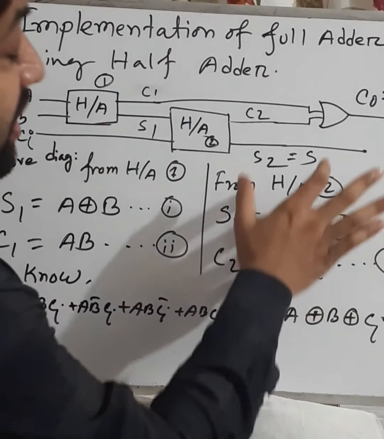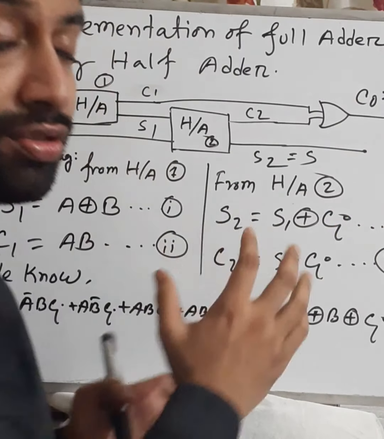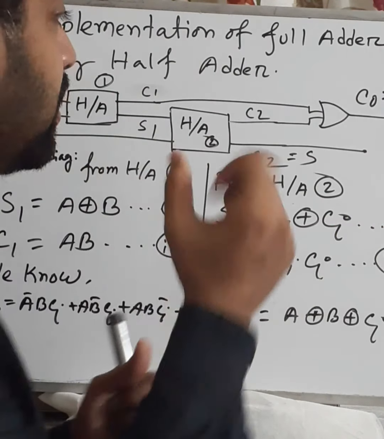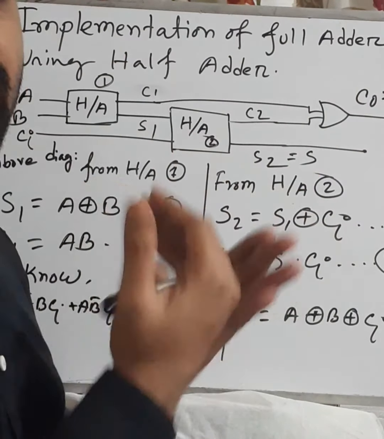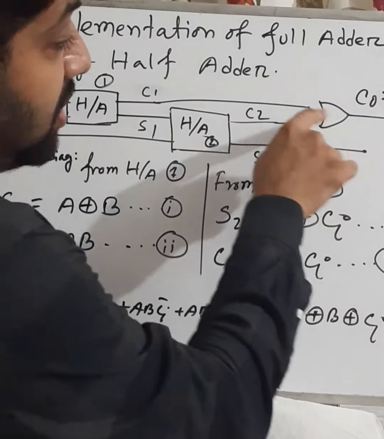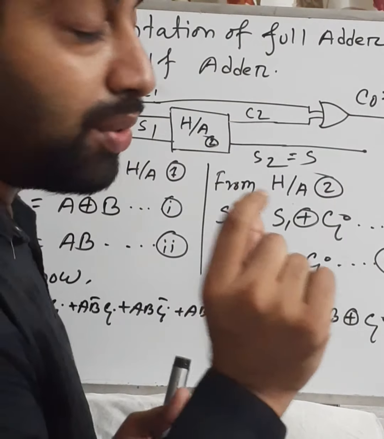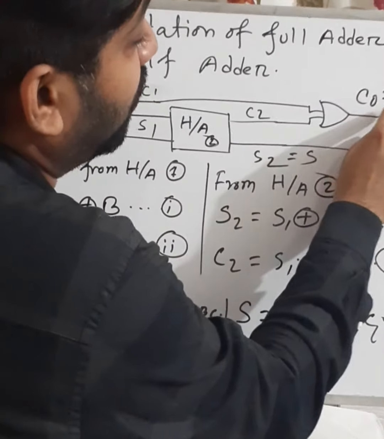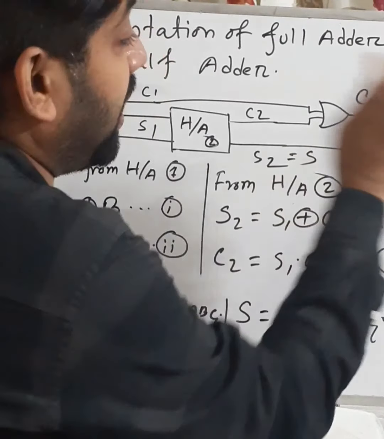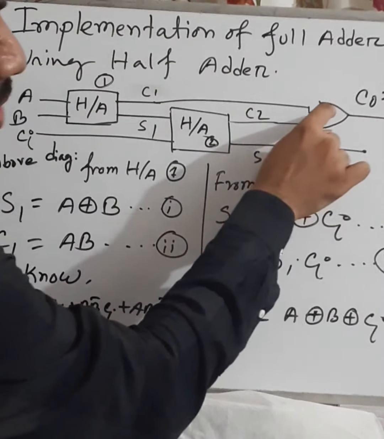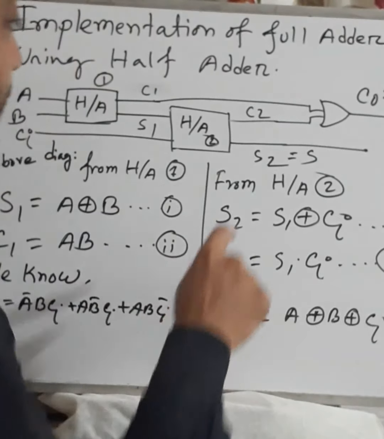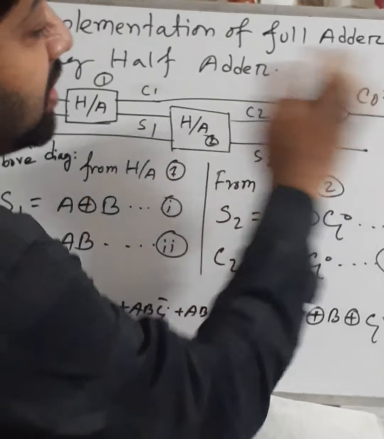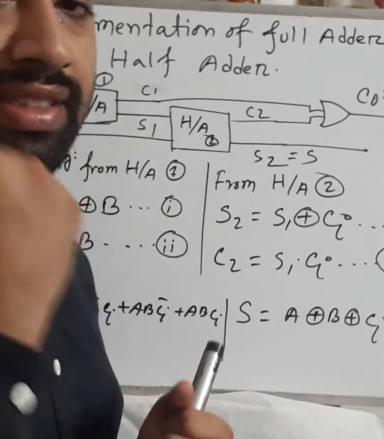I use an OR gate so that I can combine these 2 carries and calculate the final carry output, that's why I wrote CO here. Then CO will be C2 plus C1, where the OR gate is used for the addition.